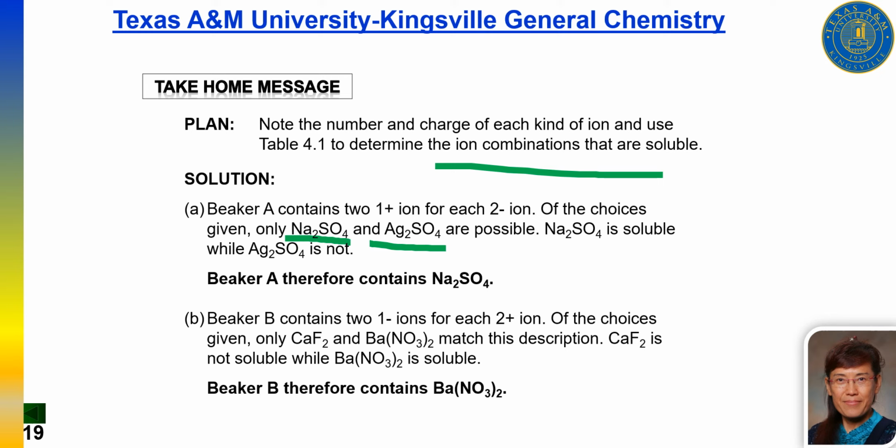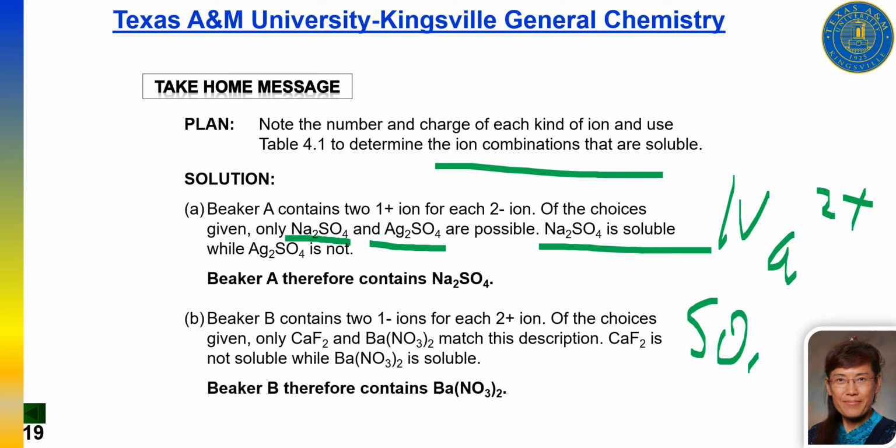So what's going to happen? Your sodium sulfate is soluble, becomes Na plus and sulfate 2 negative. Sulfate SO4 2 negative. In this case, it looks like you don't really have any other reactions except this sodium sulfate breaks down to 2 ions.